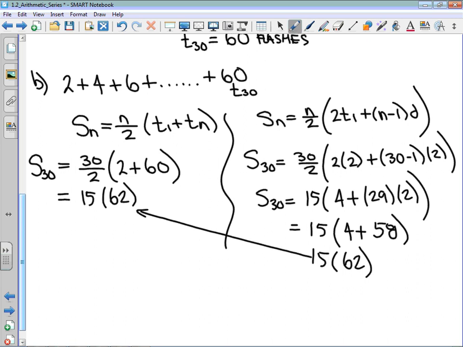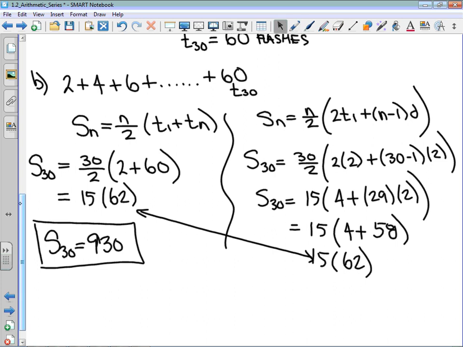Really important in math that if I'm going to talk about how there are 2 different techniques for doing this, they have to give me the same answer. And for both of these techniques, I get that in 30 minutes, that firefly flashes 930 times in total, which is a lot. I'm not a biologist. I don't know if that is ridiculous or reasonable, but based on the information they've given us, that's the sum of those 30 terms.